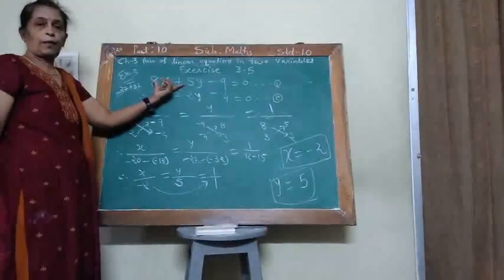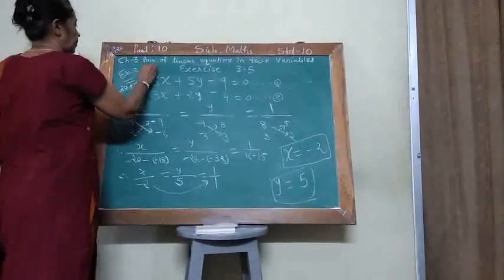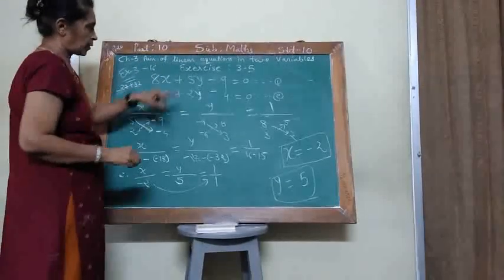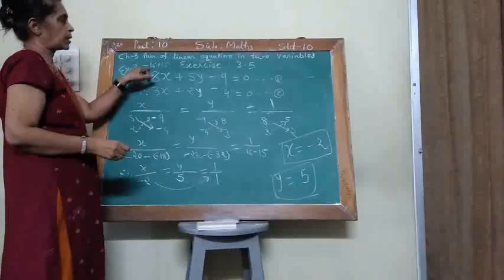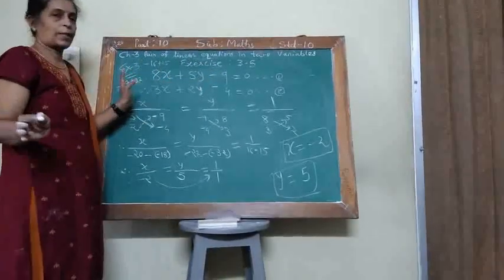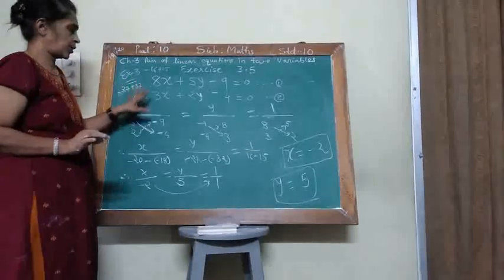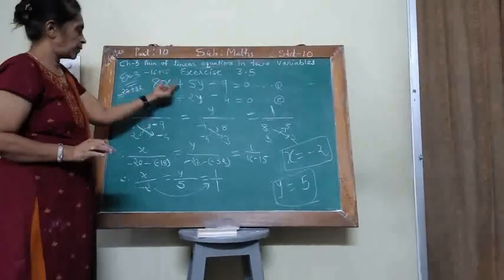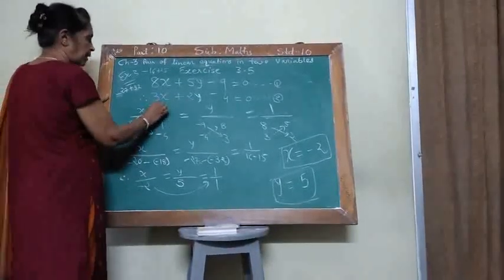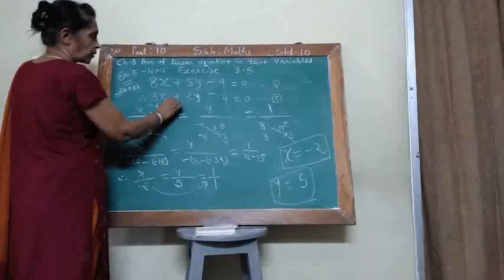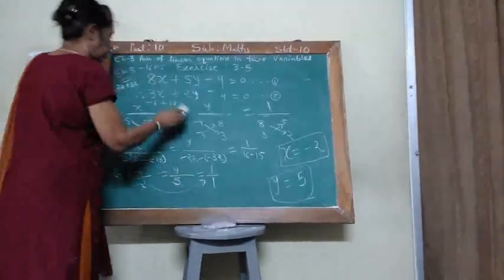Put these here to check whether your answer is wrong or right. 8 times 2 is 16, plus minus 5 times 5 is 25. 25 minus 16 is 9, minus 9. Yes, it is satisfied, so I have not made any mistake in this calculation. If you put this value in the second equation, again 3 times 2 is 6, minus 6, and 5 times 2 is 10, 10 minus 6 is 4, 4 minus 4 is 0.